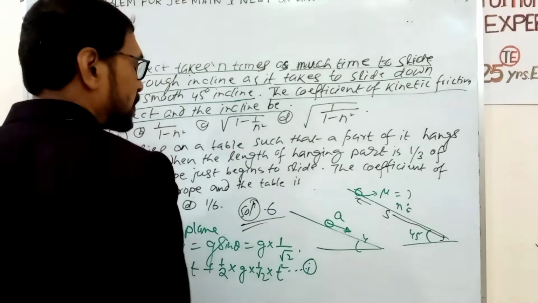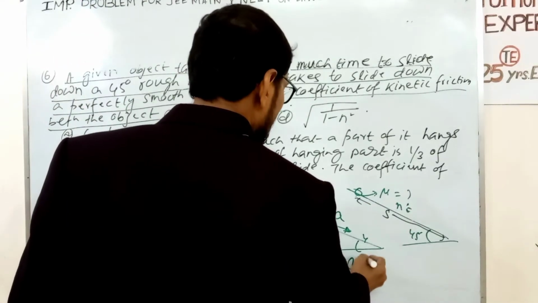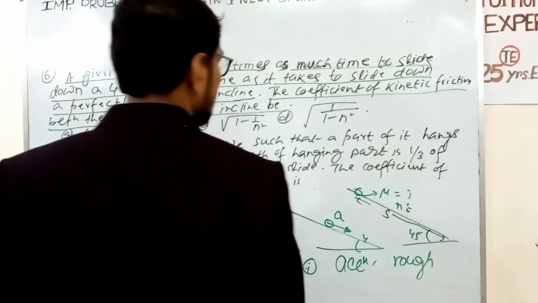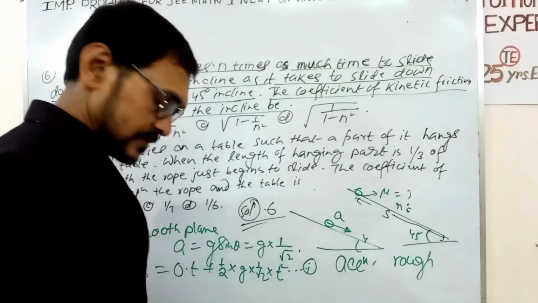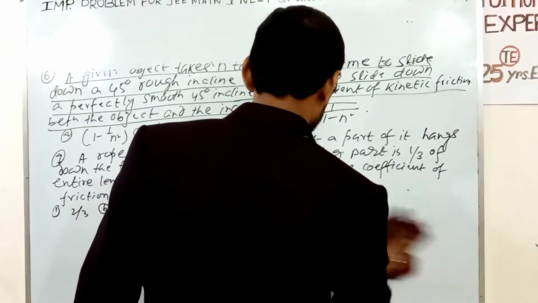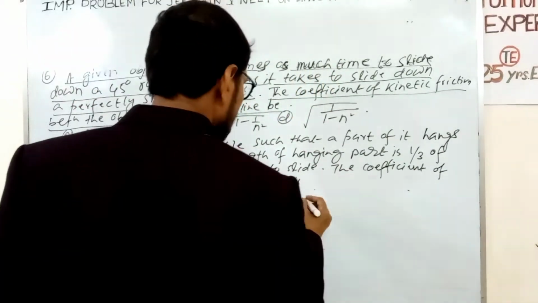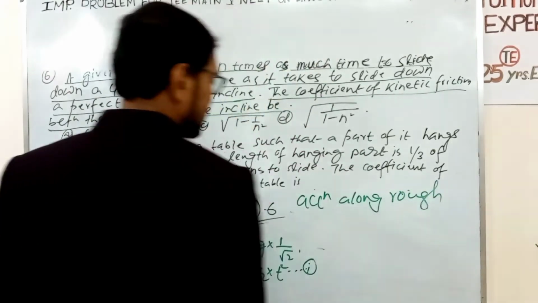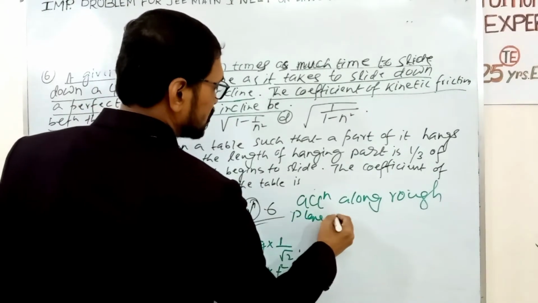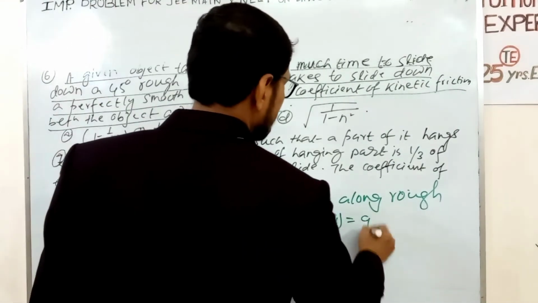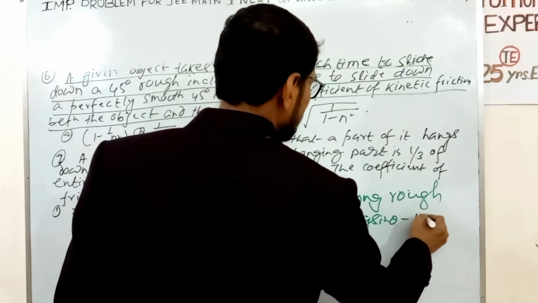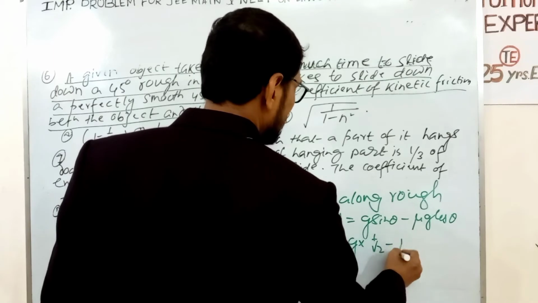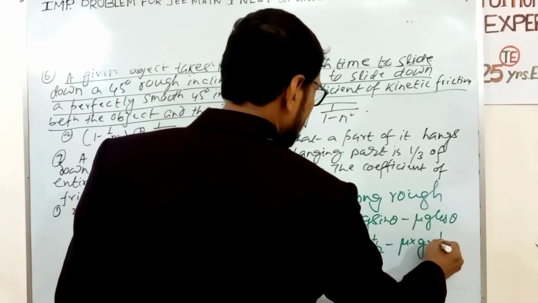Now for the rough plane, what is the acceleration? Acceleration along the rough plane will be a equal to g sin theta minus mu g cos theta, which is equal to g by root 2 minus mu g by root 2.